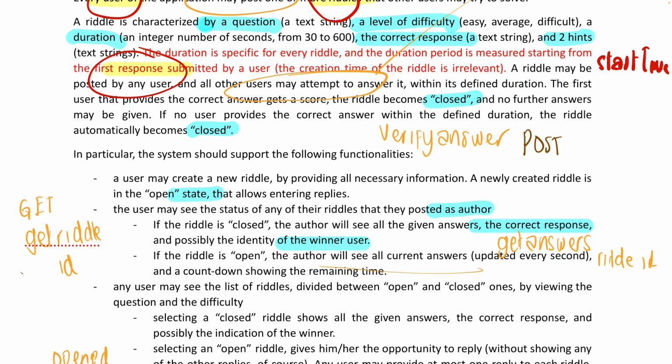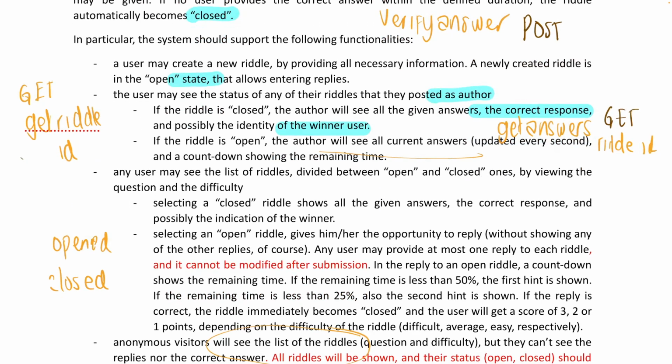This one I already wrote, it is a get, that is the riddle based on an ID. These get answers, we might also think of as a get. The open and the closed ones are for sure gets.